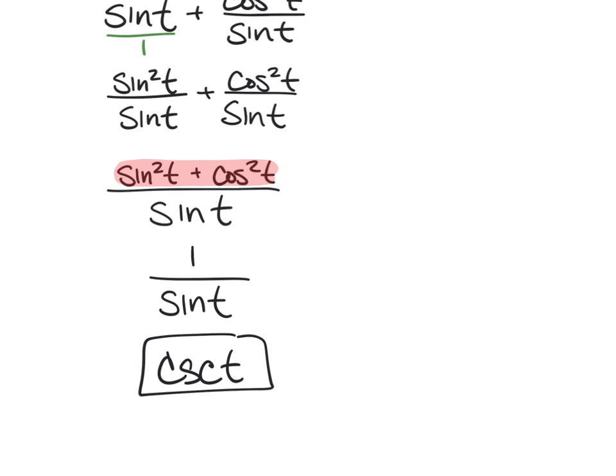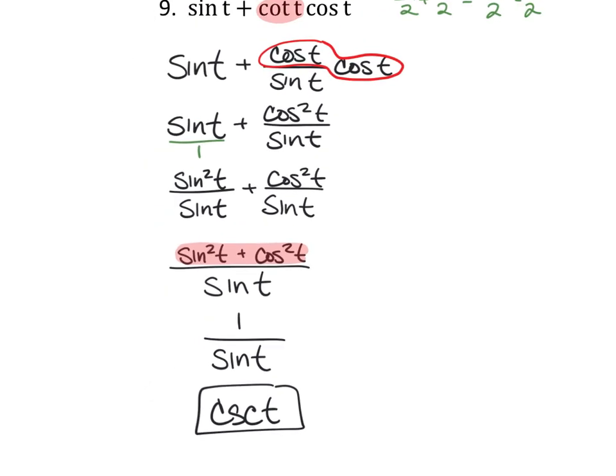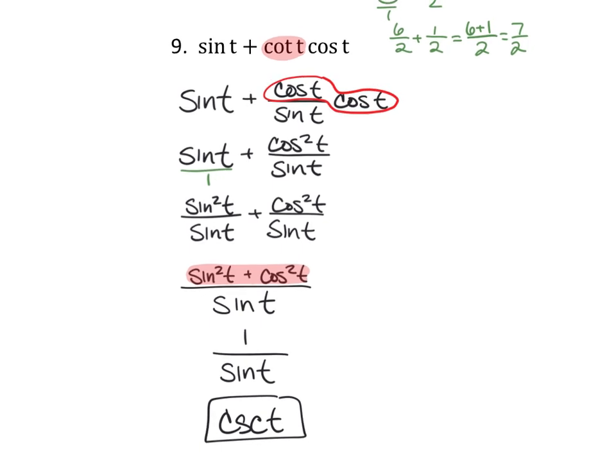Hold on with me. Okay, let's look at that one again, because that one was a little bit different than normal. We had to work on finding a common denominator. Did I lose anybody on those steps? Which part?